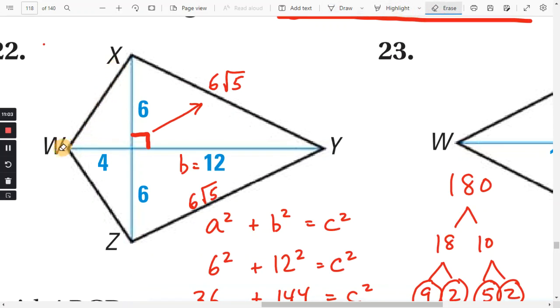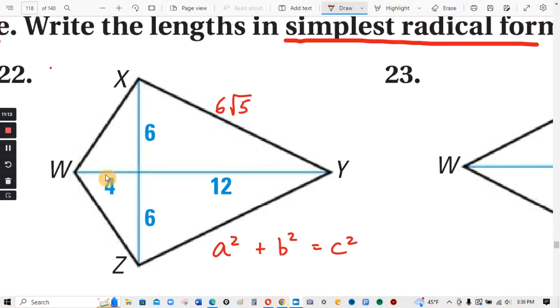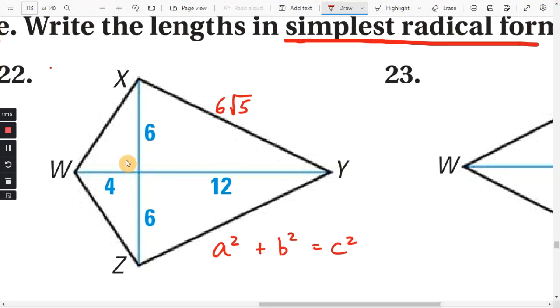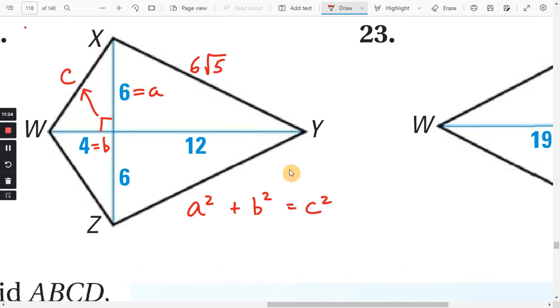Okay, please pause and see if you can find this side here or this side here using the Pythagorean theorem. So once again, the diagonals are perpendicular to each other. Okay, you go across from your right angle. That's your hypotenuse. That's always C. The other two sides, A and B, it doesn't matter. I'll make 6 equal to A, and I will make 4 equal to B. So A squared is going to be 6 squared.